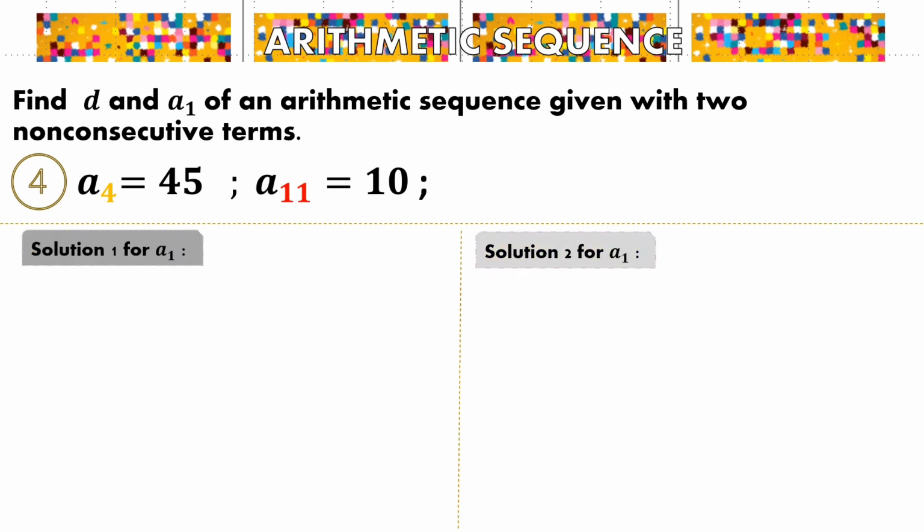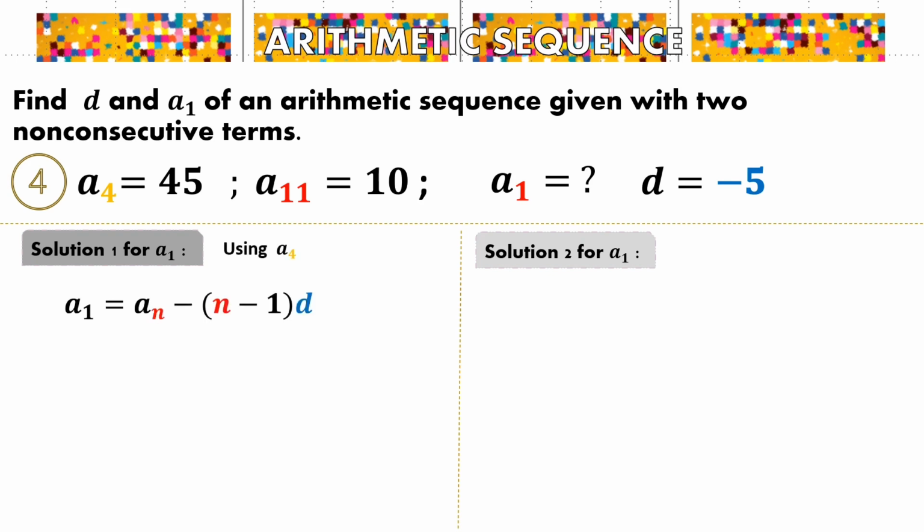Let us look for a sub 1. Solution 1 using a sub 4. A sub 1 is equal to a sub n minus n minus 1 times d, substituting the value of n here, which is 4.